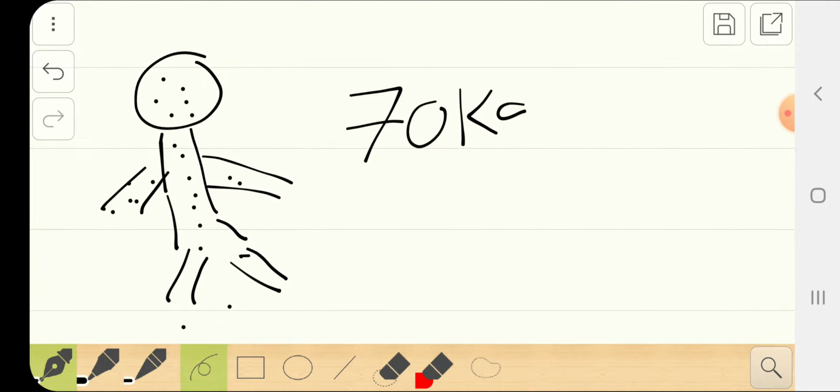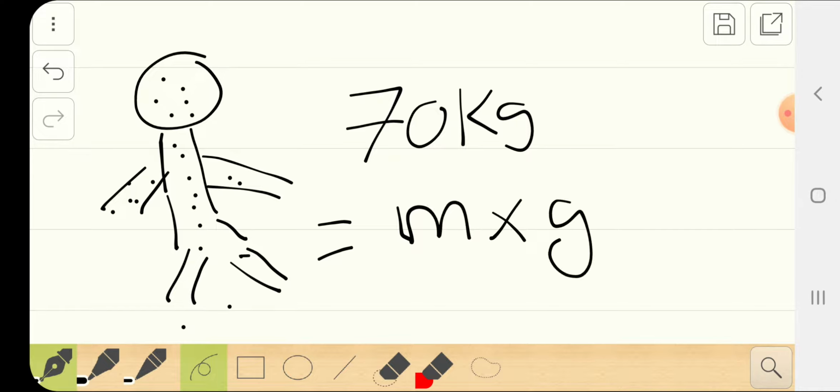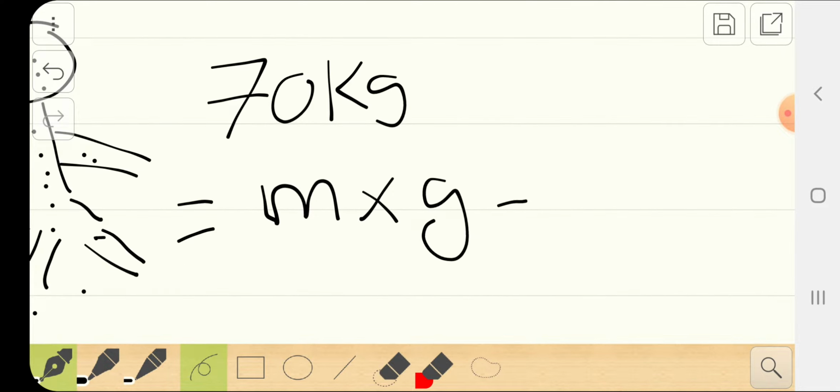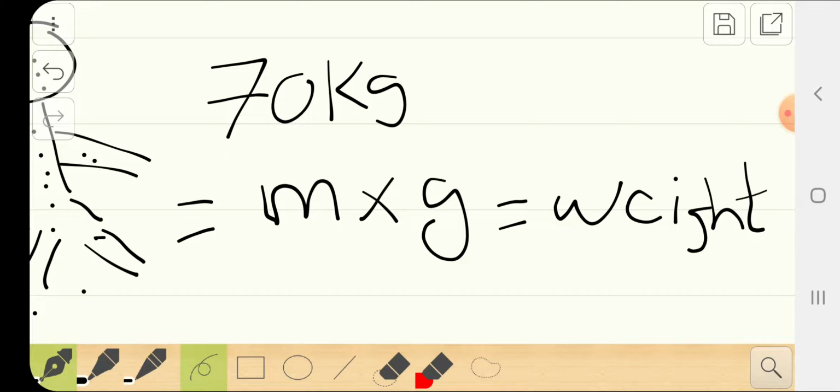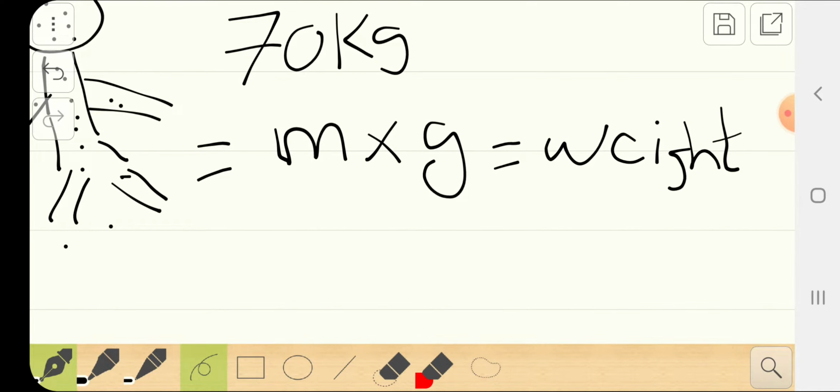So 70 kilograms, the mass is measured in terms of mass of the body times the gravitational acceleration, right? So the force is equal to the weight. So you measure mass on earth in terms of weight on earth. So if you have 70 kilograms, that means you have 7 times 10 meter per second square.